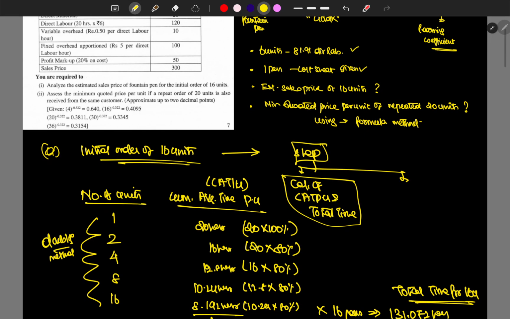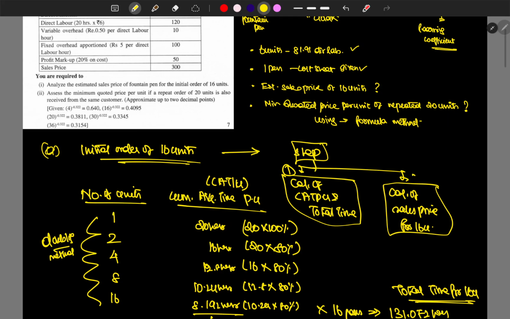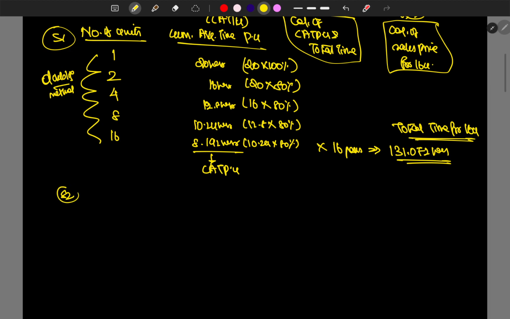The second step is calculation of sale price for 16 units. So these are the two steps. We have completed the first step. Let's get into the second step, which is calculation of sales price for 16 units.